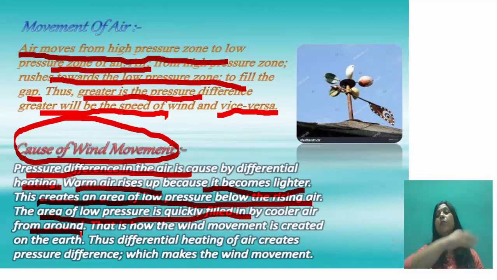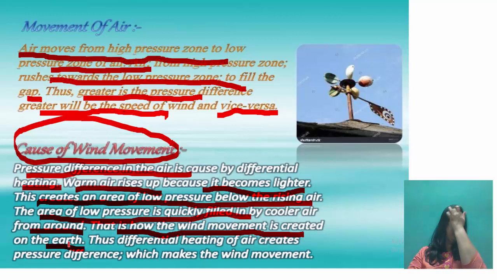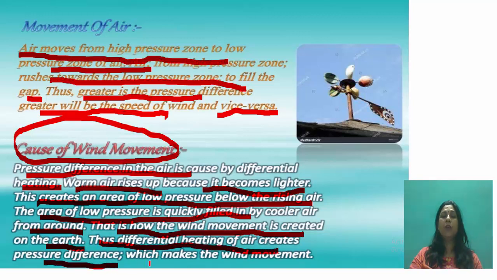What happens? The air from the surrounding rushes to fill the space in the low pressure area. That is how the wind movement is created on the earth. Thus, differential heating of air creates pressure difference which makes the wind movement.